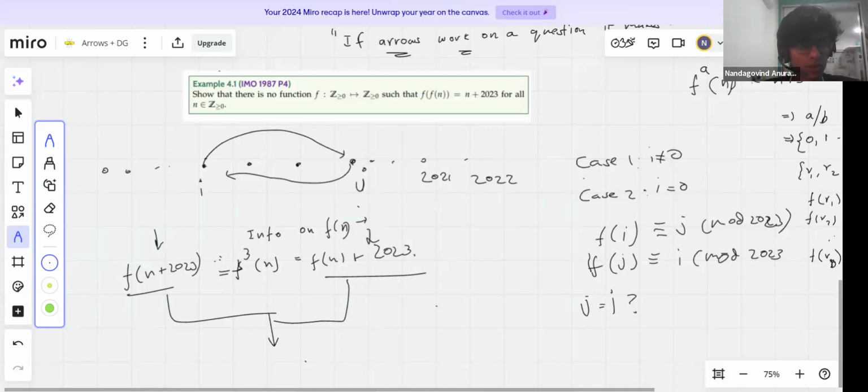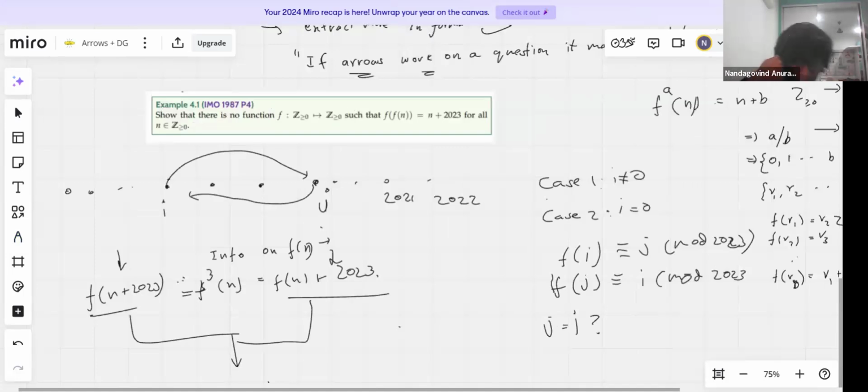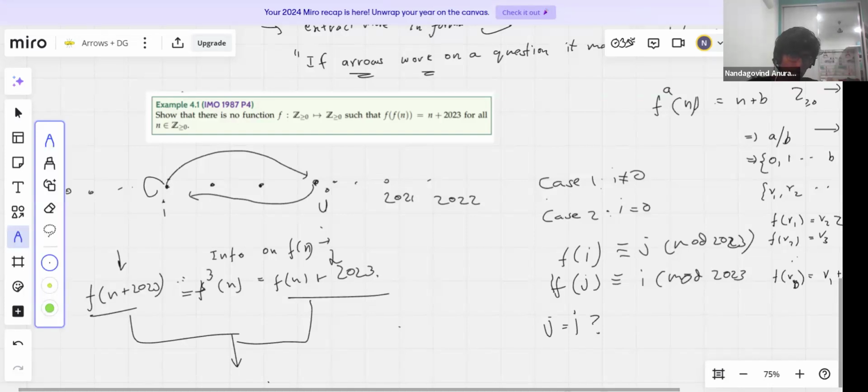This is very similar to proving f is injective, but just that it's injective modulo 2023. It's not injectivity. Injectivity is fine modulo 2023. This is just, can it be itself modulo 2023?